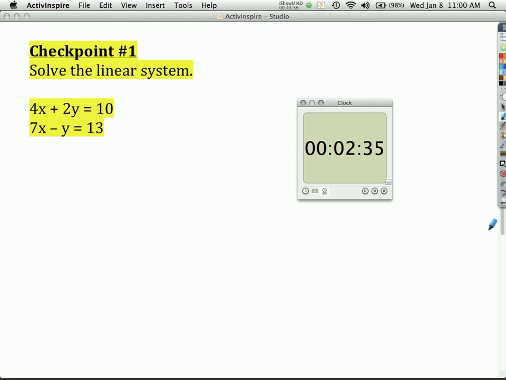And what that does is it changes the equation from having two variables to one variable. You can't solve an equation with two variables, so we're changing it so that it's one variable. Check those out and see if it's starting to sink in.